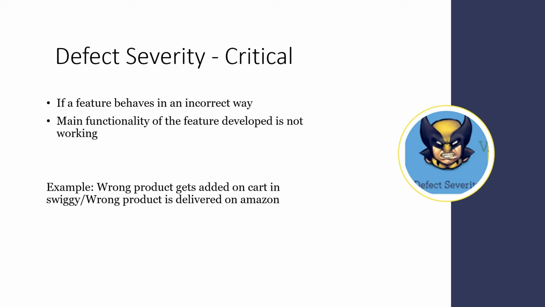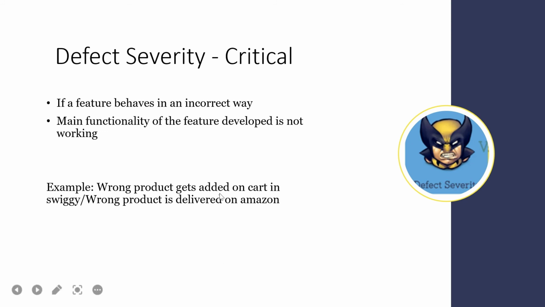Because the feature is working, but the main objective of that module is to deliver food to the location which I have picked, right? But it is picking some other location automatically. So that type of bugs will fall under the category of critical. So if a feature behaves in an incorrect way, or if the main functionality of the feature developed is not working, these types of bugs will come under the category critical. Understood?